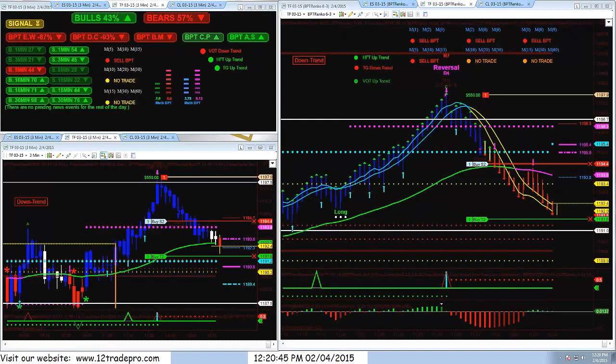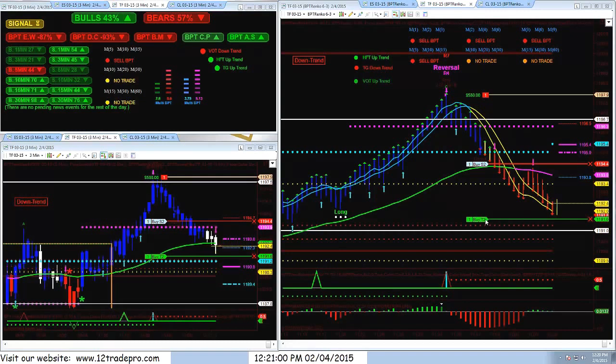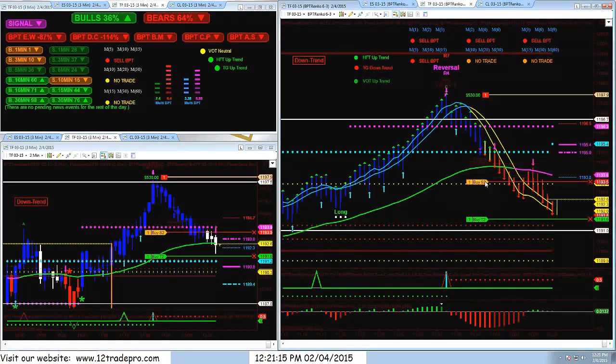It looks like it came within 2, maybe 3 ticks of hitting my profit target. Just one more push down. I'm going to put my stop just above this price range line to protect some more of my profit.